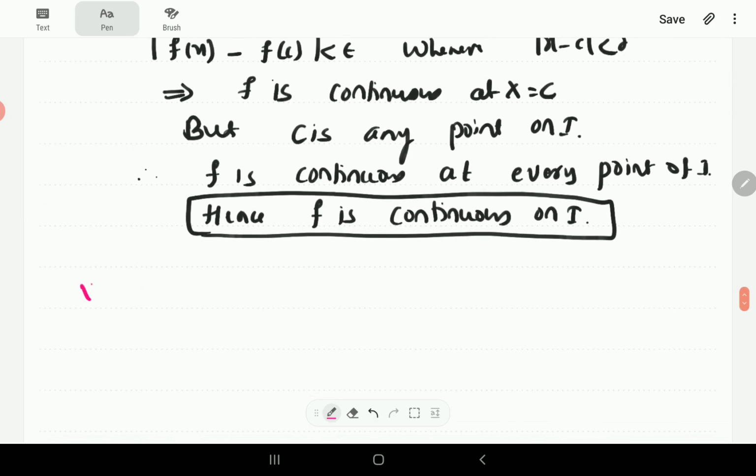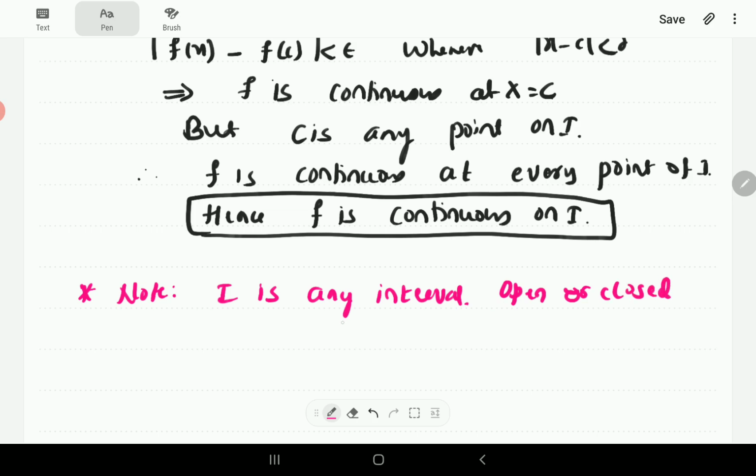Now let me give you an important note. Suppose I is any interval, it may be open or closed or semi-open or semi-closed. So here when I say the interval I, it may be any interval.